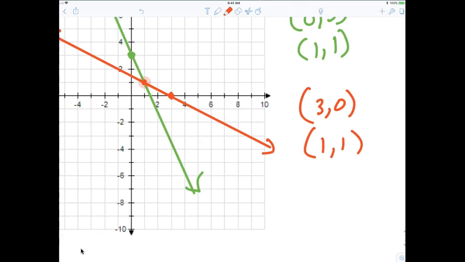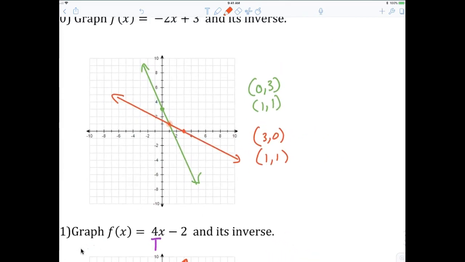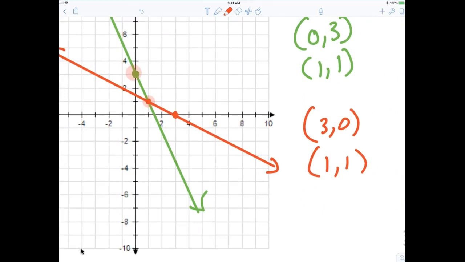You went down 2 and over 1, didn't you? Aren't we? It starts at the y-intercept, kiddo.